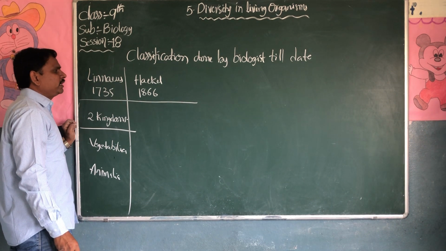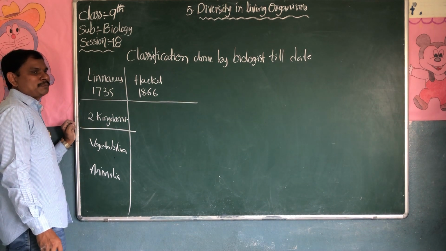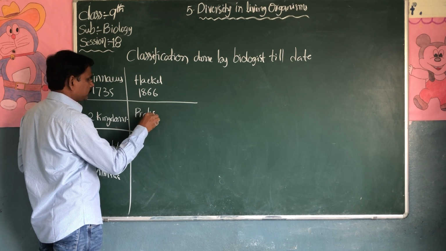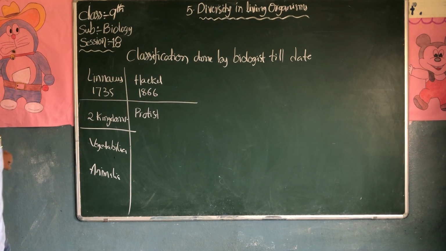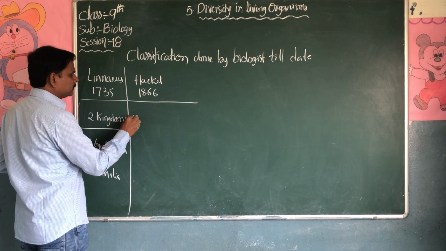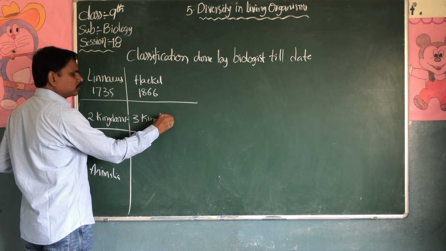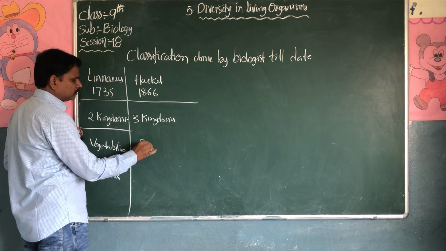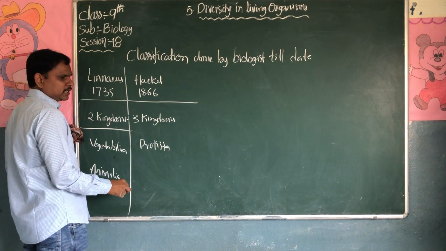So Haeckel in 1866 divided three kingdoms, that is Protista, Plantae and Animalia. How many? Three kingdoms. Protista, Plantae and Animalia.